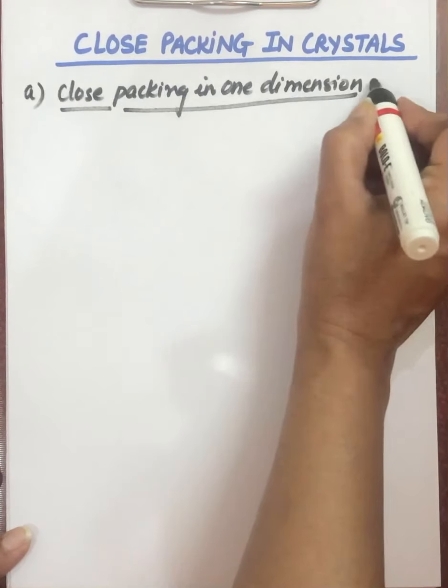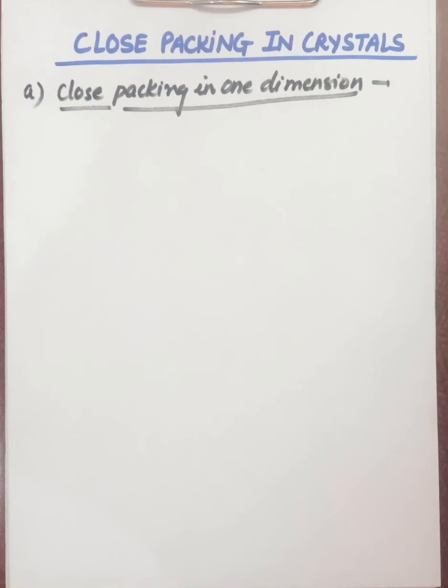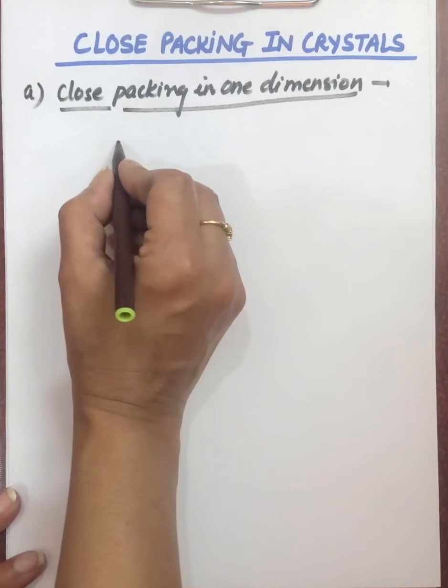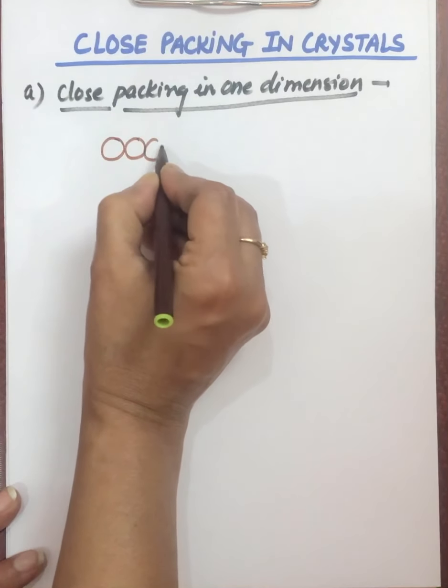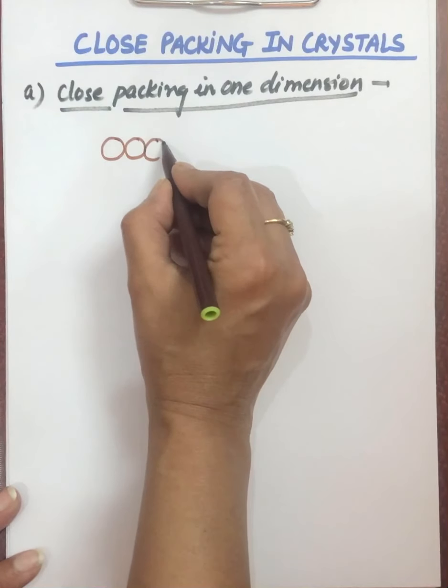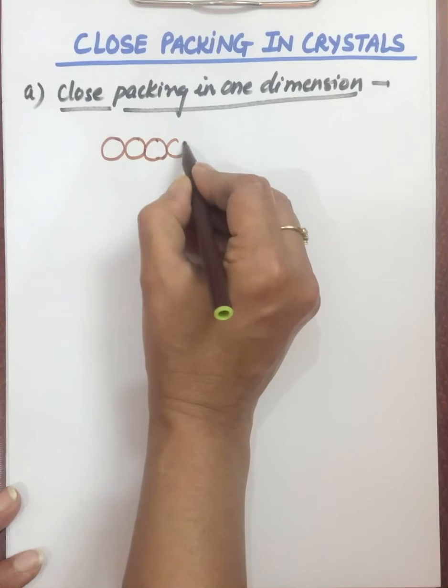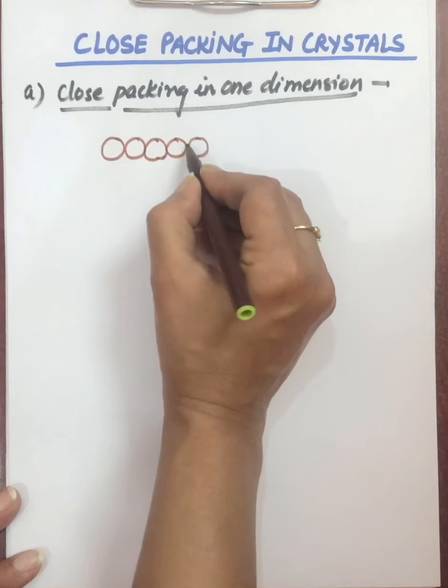So when particles are packed in one dimension, how will we pack these particles? We'll pack these particles placing them one by one touching each other in a row. There's only one way to pack the particles here. It's like this, in a row we are packing them touching each other.